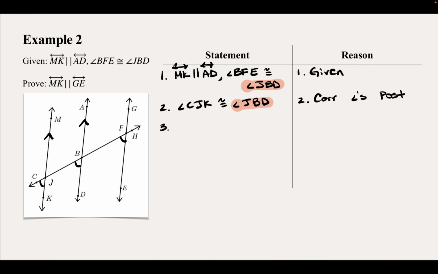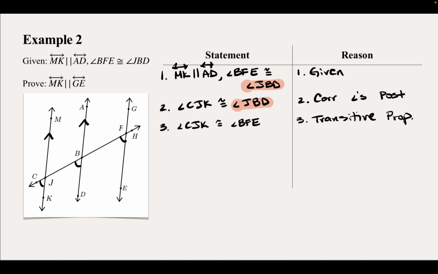If angle BFE is congruent to JBD and angle CJK is congruent to JBD, then angle CJK is congruent to angle BFE, and that is the transitive property. I have two angles that are congruent to the same angle, therefore they're congruent to each other. I'm going to put that in my diagram. Actually, it's already there. So this angle is congruent to this angle.